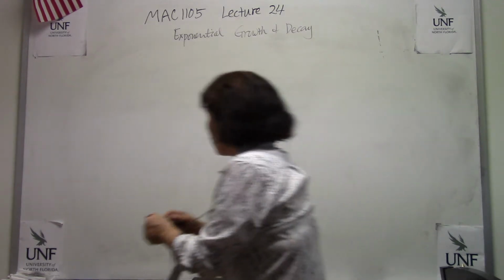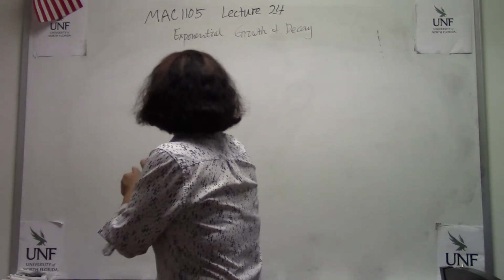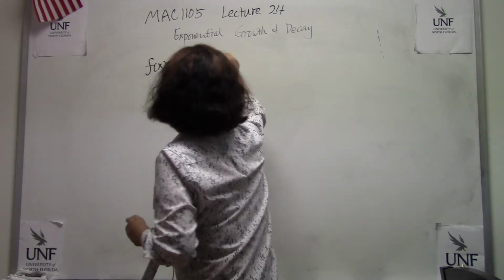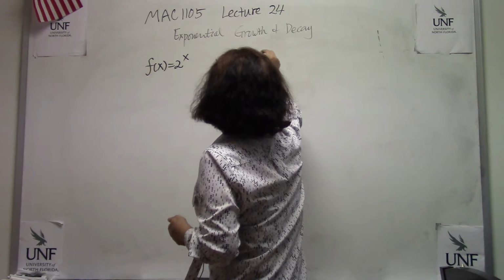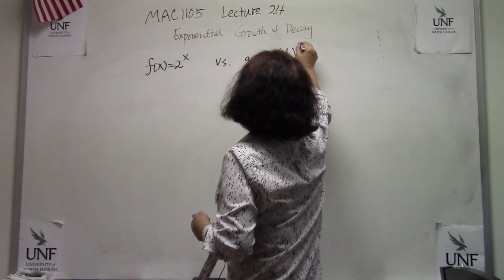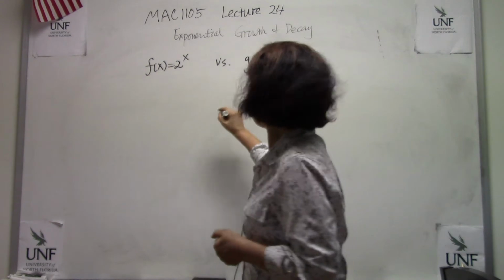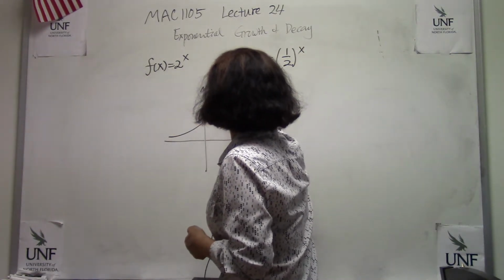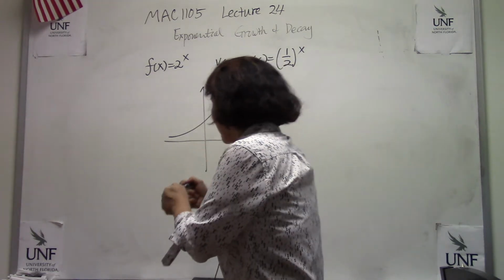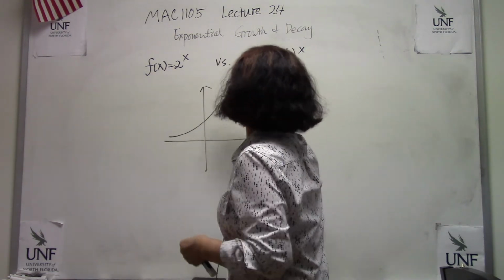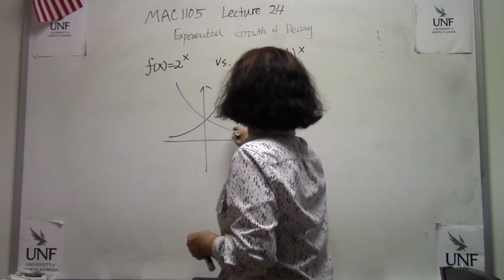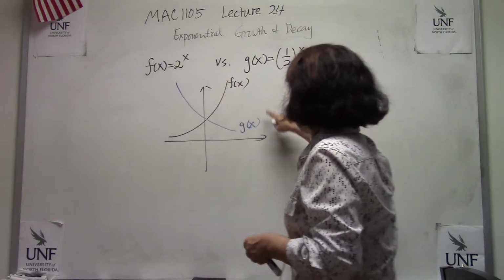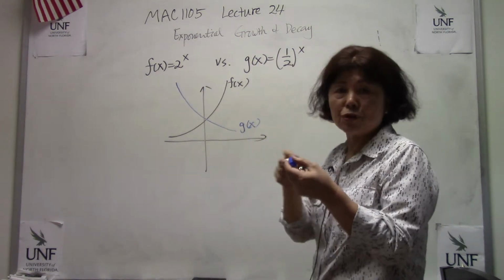So what I mean is, we saw a couple of weeks ago f of x equals 2 to the x versus g of x equals 1/2 to the x. What was the difference? Do you remember that? f of x equals 2 to the x is increasing like this. On the other hand, g of x is decreasing like this. So this is g of x. Therefore, this is the growth model, and the decay model is this blue curve.